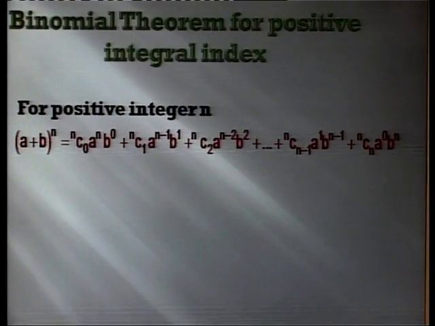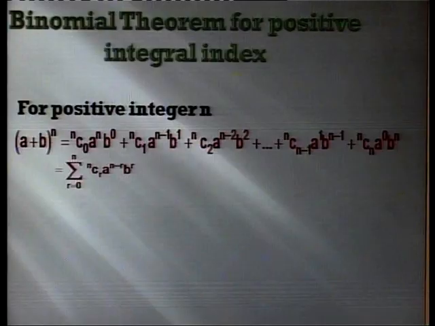So, this is the statement of the binomial theorem for integral value of n when n is positive, and when n is negative, that will be discussed later on, but for the time being I am considering only this case.